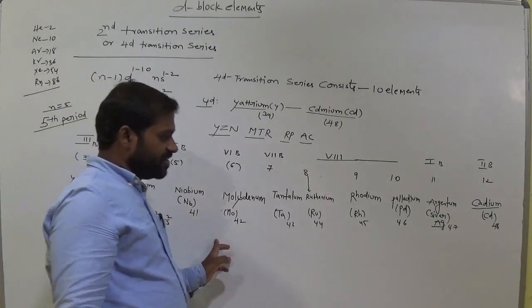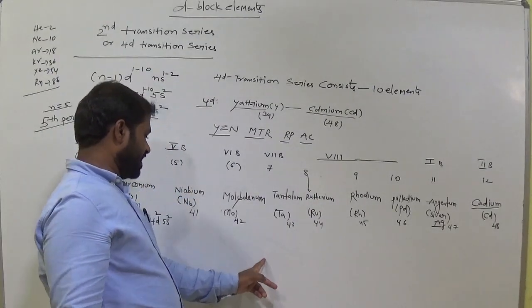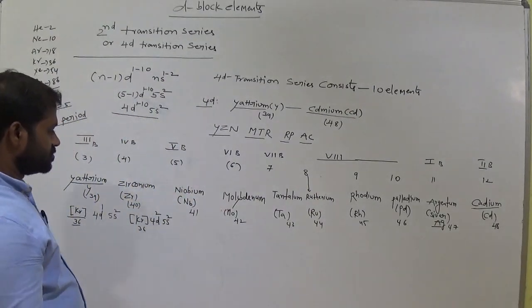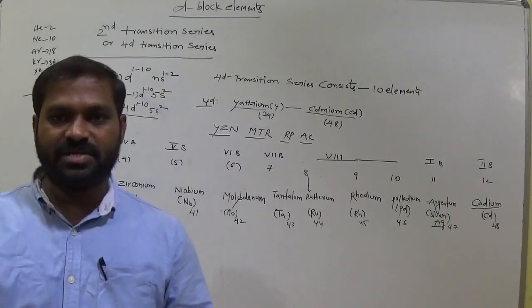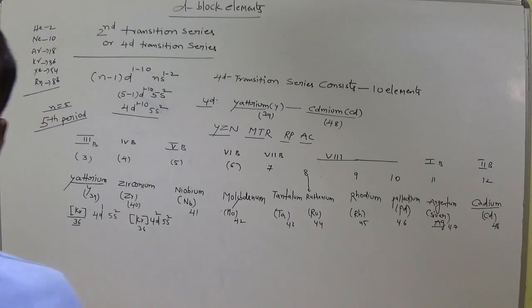After niobium, we have a different electronic configuration from here. Is it clear, students? So what is the general electronic configuration of d block elements? What are transition elements here? Transition elements means at least 1 electron in the d orbital.